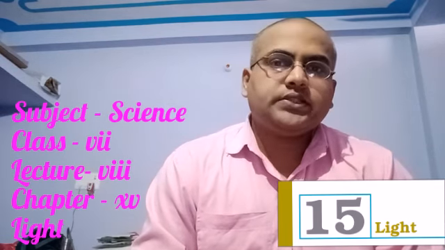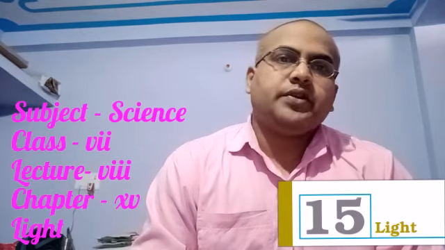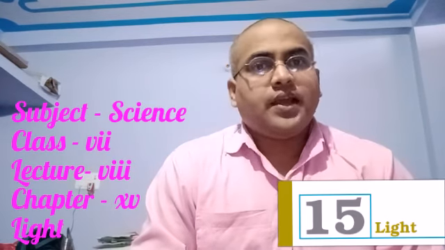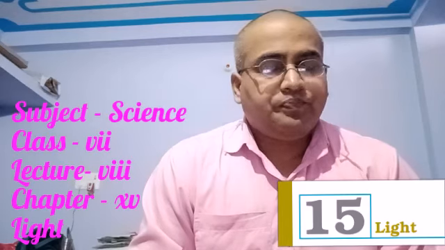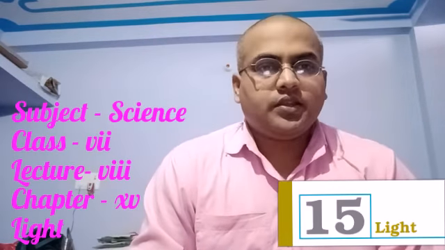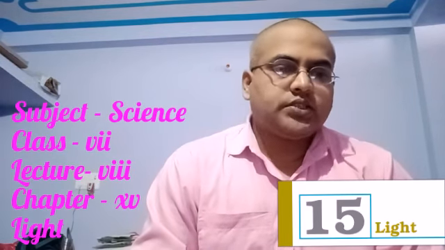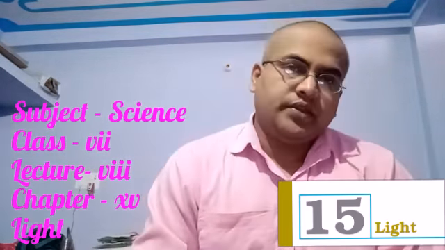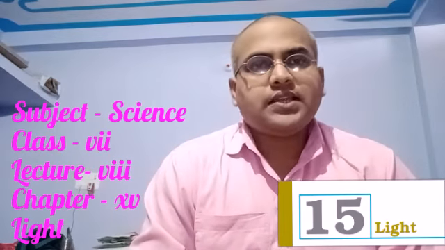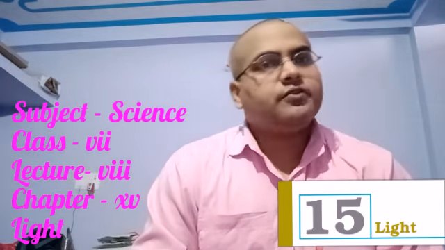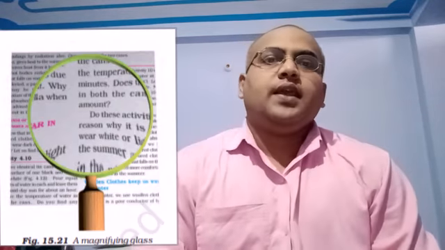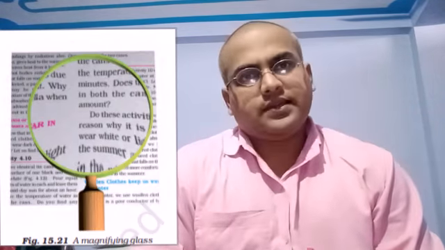Today, in this video lecture, we will discuss chapter 15, that is light. And today we will discuss about convex lens. Last day we had also discussed about the convex lens, that is a magnifying glass, and we had discussed that a lens is a transparent piece of glass which allows light to pass through it, and it is convex and concave.